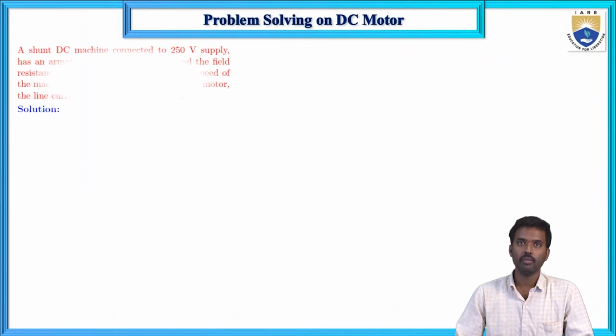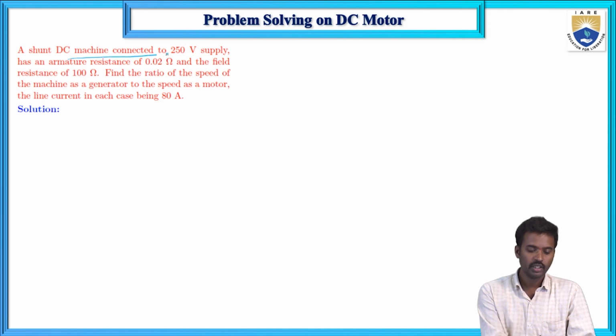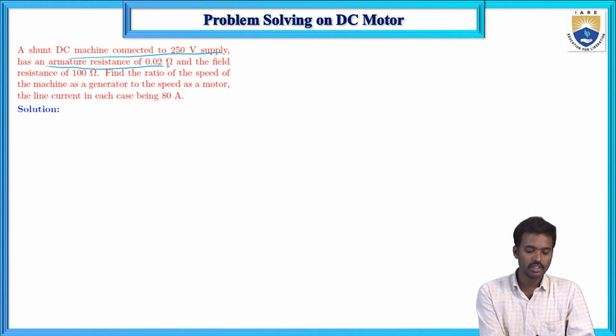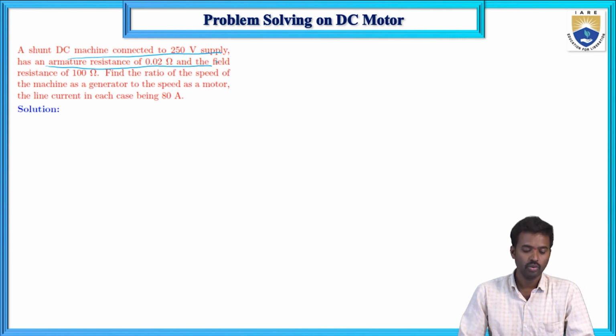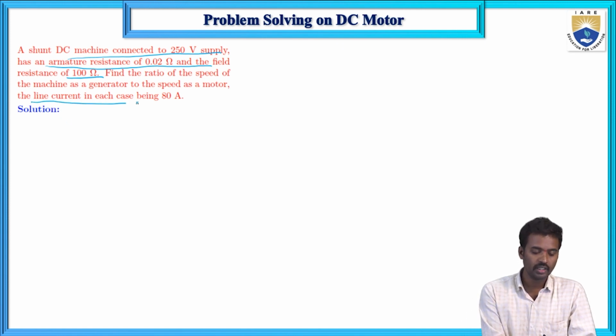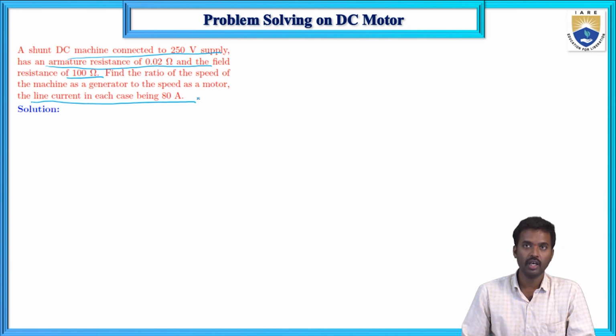Next, the second problem. A DC shunt machine connected to a 250 volt supply has an armature resistance of 0.02 ohms and a field resistance of 100 ohms. Find the ratio of the speed of the machine as a generator to the speed as a motor. The line current in each case is 80 amperes.